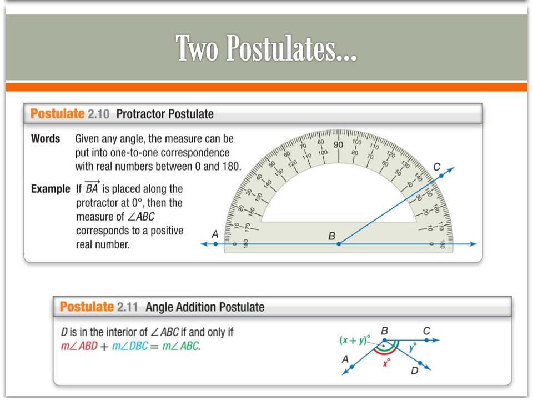D is in the interior of angle ABC if and only if the measurement of ABD plus the measurement of DBC is equal to the measurement of ABC. Using that sketch in your notes will be helpful, and you will be utilizing the angle addition postulate a fair amount. So of these two, for sure, the angle addition postulate is the one you want to focus on and make sure you know.